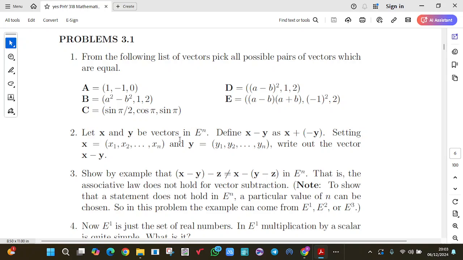I told you if vectors are equal, then each of the elements must be the same. So which pair is the same? Quick, let me hear you guys.